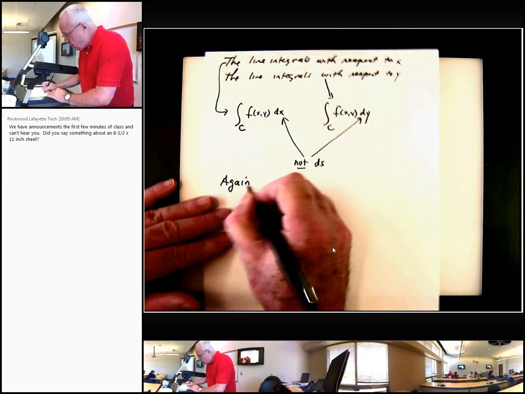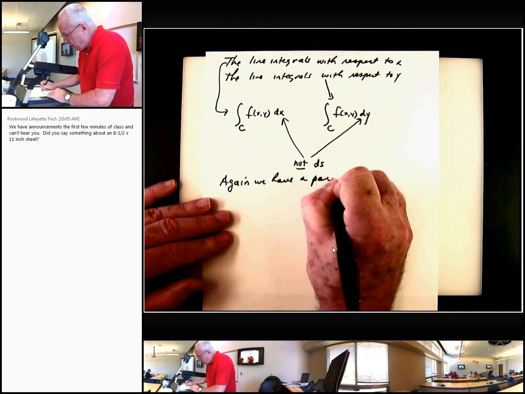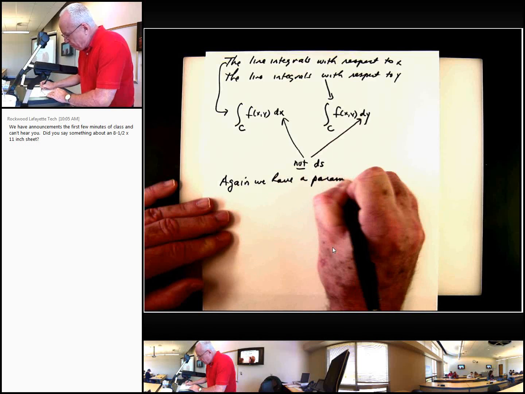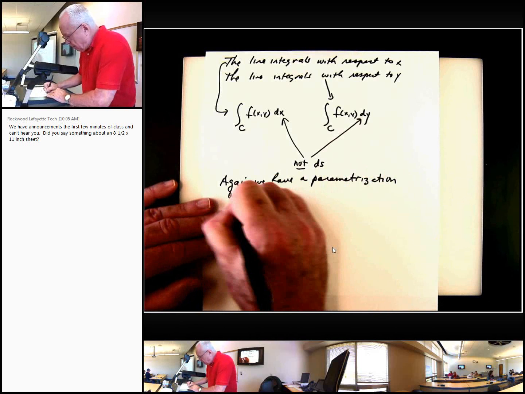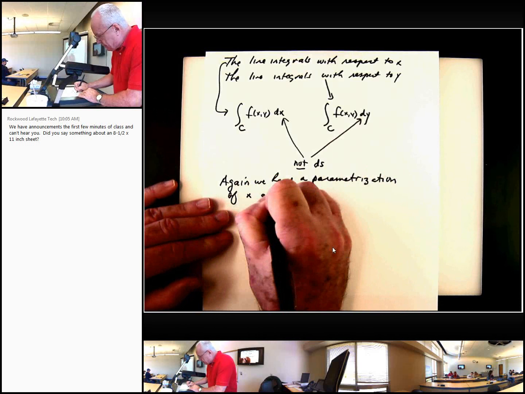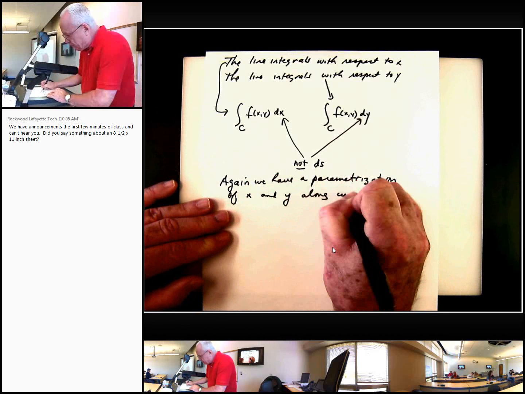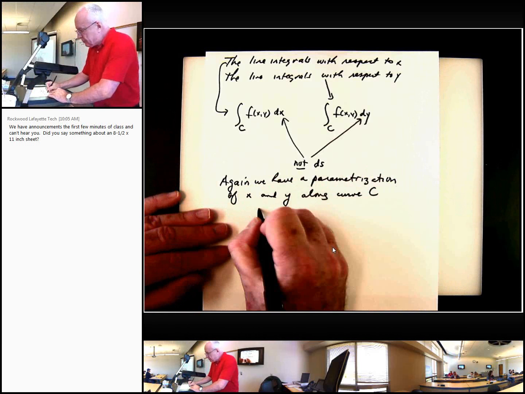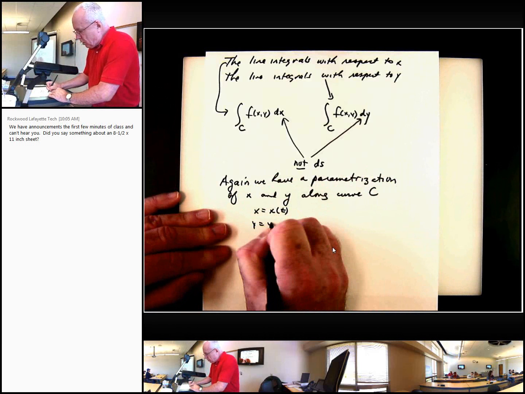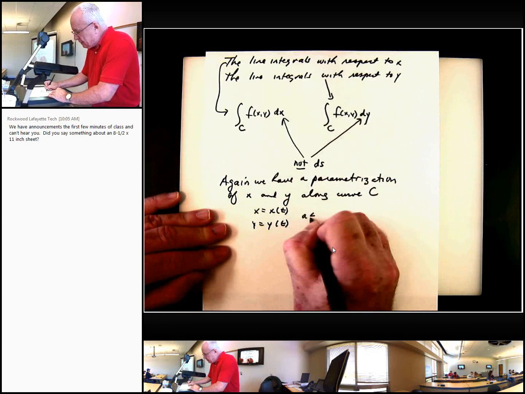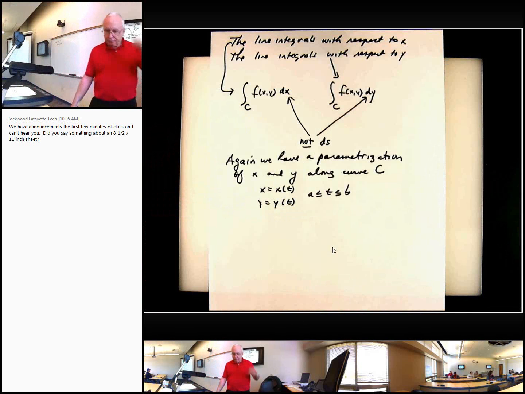So again, we have a parameterization of the two variables x and y along the curve C, all right? So let's say it's x equals x of t, y equals y of t. And let t go from the number a to the number b like we had before.